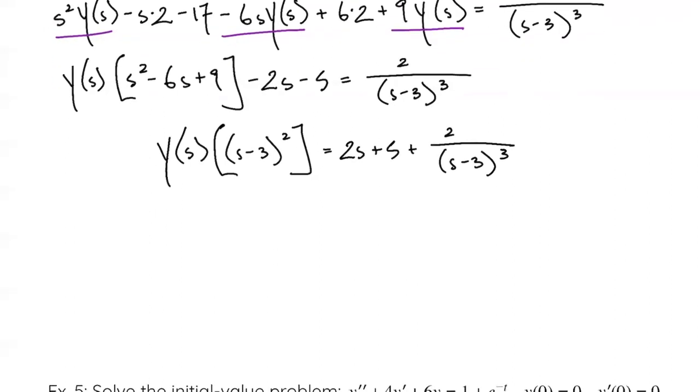All right, last step to solve for my Y of s here, we're going to divide both sides by that s minus 3 squared, right?